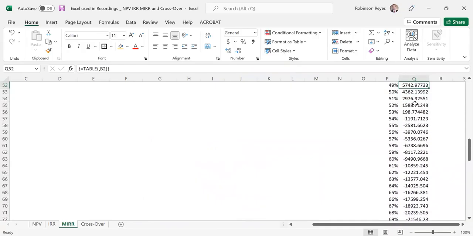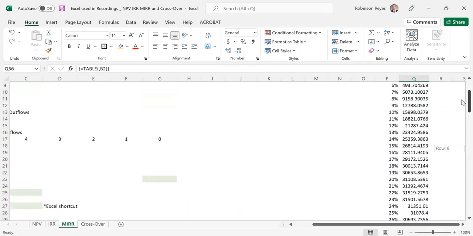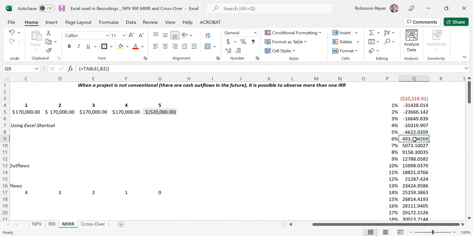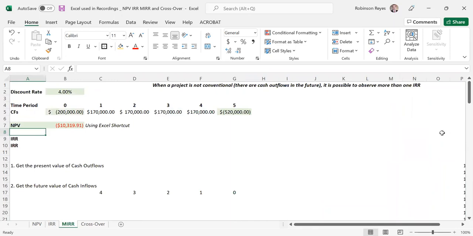I have already solved this. So I know when the discount rate is around 53 point something, then this becomes an internal rate of return, NPV 0. And also when the discount rate is 5 point something, we also have an internal rate of return. So we have two internal rates of return, right?